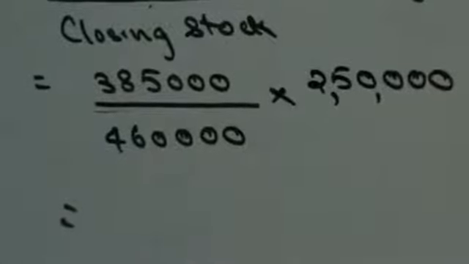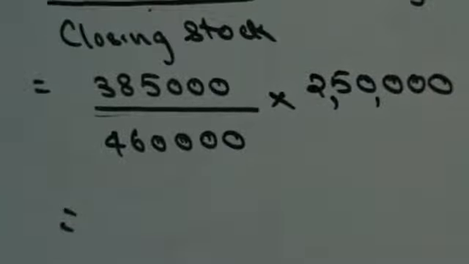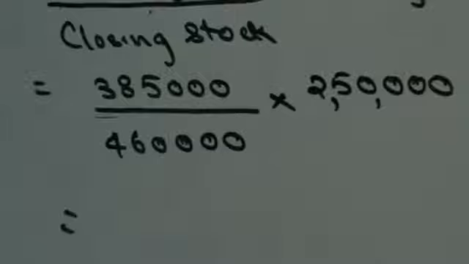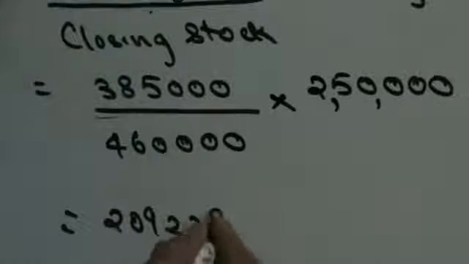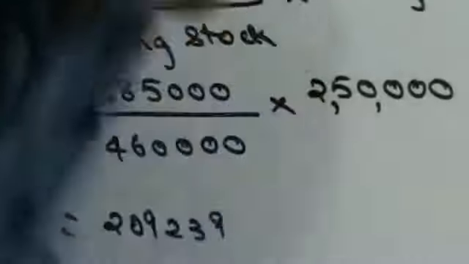When you calculate, this comes to 2,09,239. That's the claim that you will get from the insurance company. Next, let's move on to the next sum.